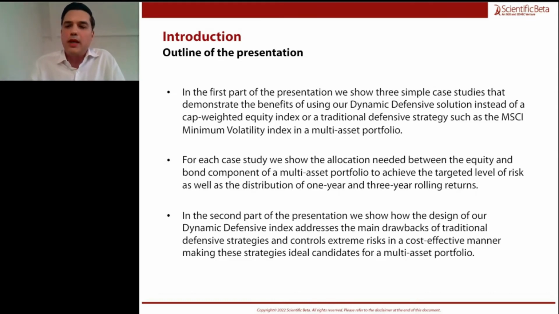The way we will demonstrate that is that we will aim to show the allocation needed for the equity and the bond component of the multi-asset portfolio in order to achieve the same level of risk. And we will do this in 3 cases. We will do it with respect to average risk. We will do it with respect to downside risk. For the dynamic defensive, the MSCI min-vol, and the traditional cap-weighted benchmark.